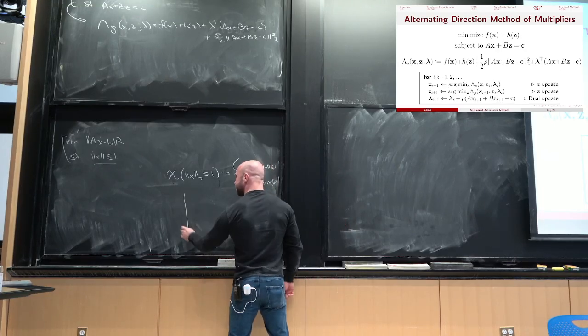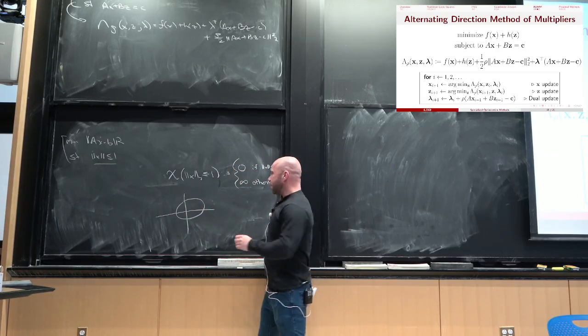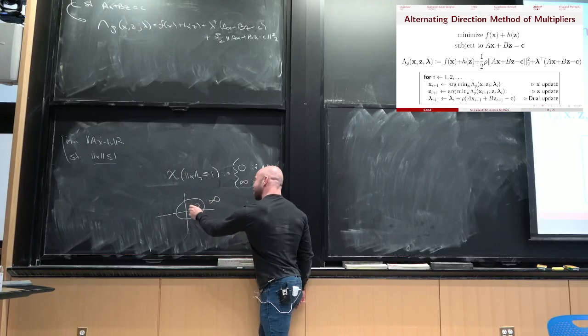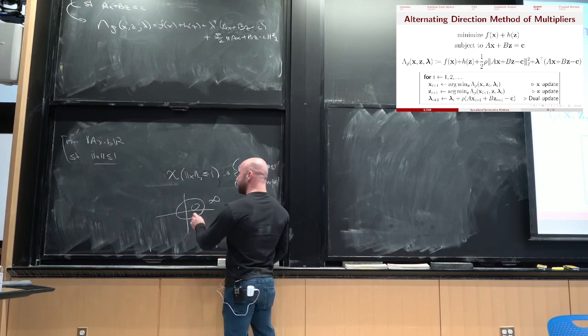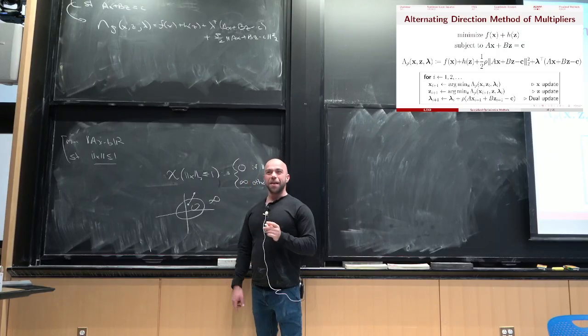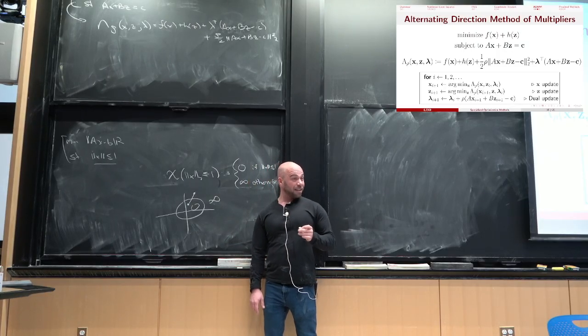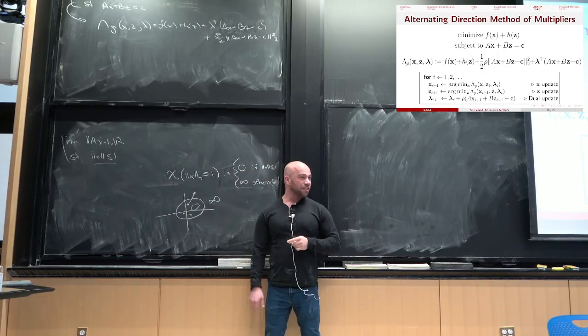Let's say that I'm in the plane, and I have the unit circle sitting here. Notice that this function is infinity outside, and 0 inside. That's what this function looks like. Now let's say that I take any 2 points, and I draw a line segment between them. There's basically 3 cases. Either both ends of that line segment are in the interior of the circle, in which case this function is just 0 everywhere, so it's pretty clearly convex.